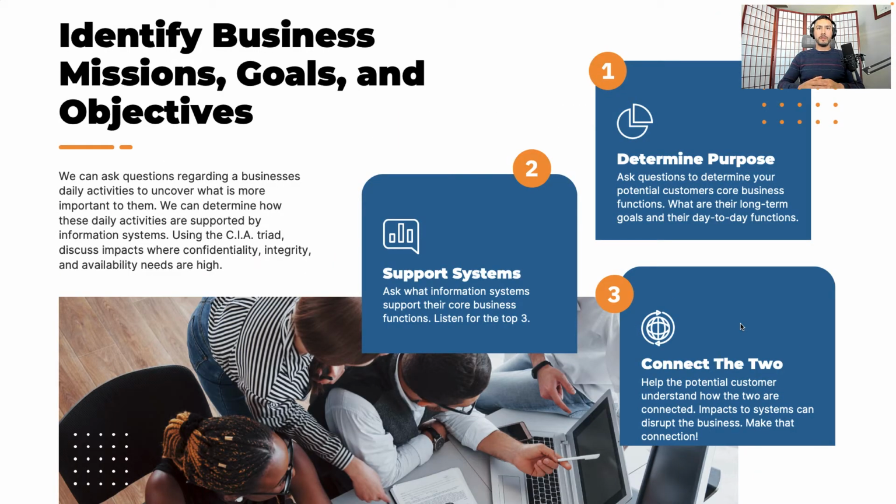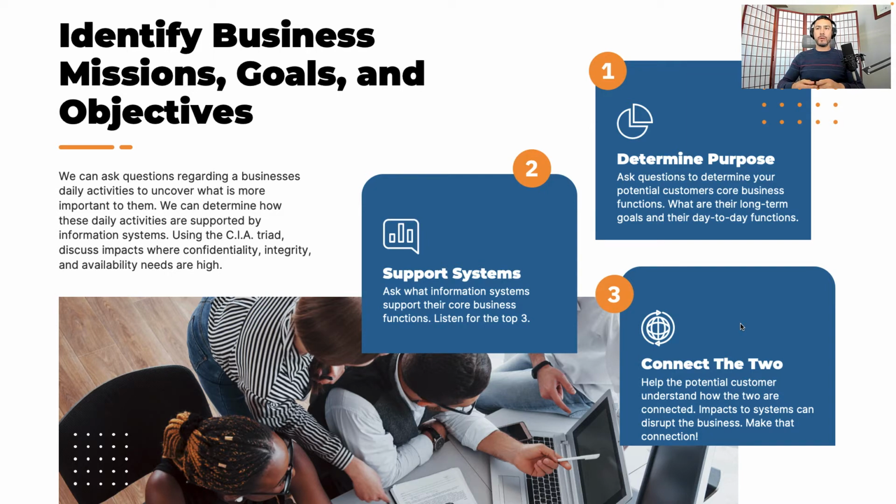To be able to do that, the first thing that we need to do is understand what the missions, goals, and objectives of the business are. Now, it may be difficult to identify the risks and the impacts here, but it's a good starting point to understand what this business is doing. So item number 1 here says determine the purpose. We need to ask questions. What is your business doing? What are you selling?